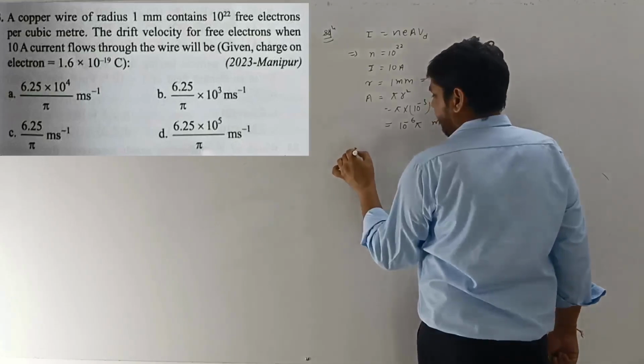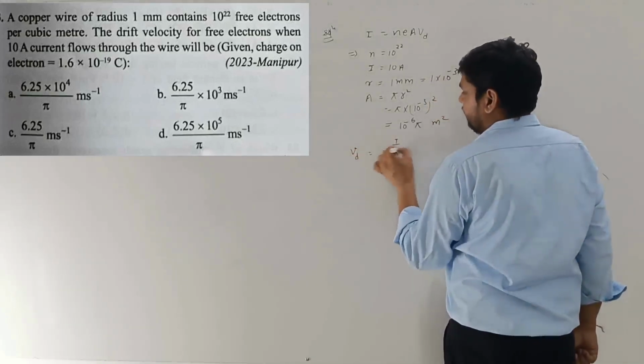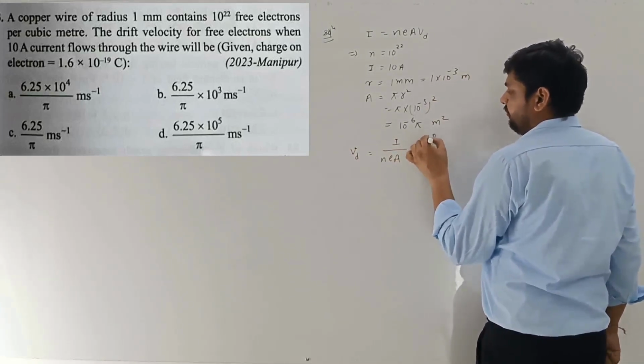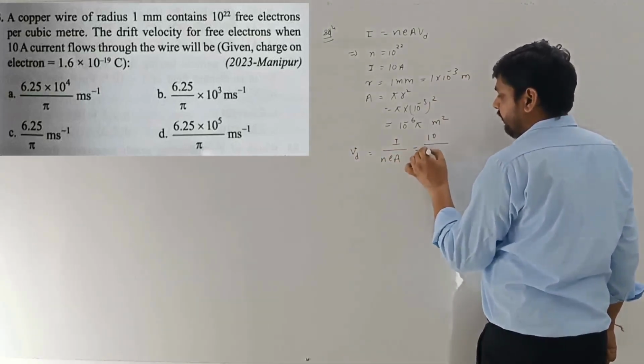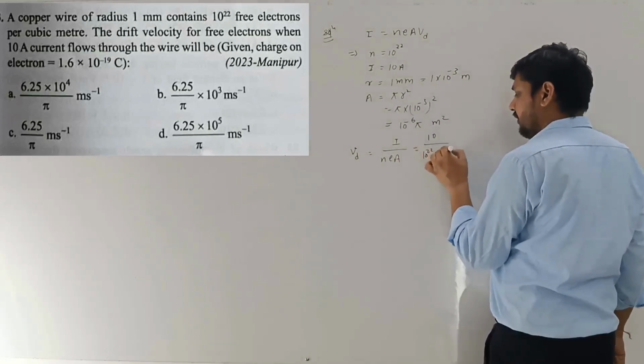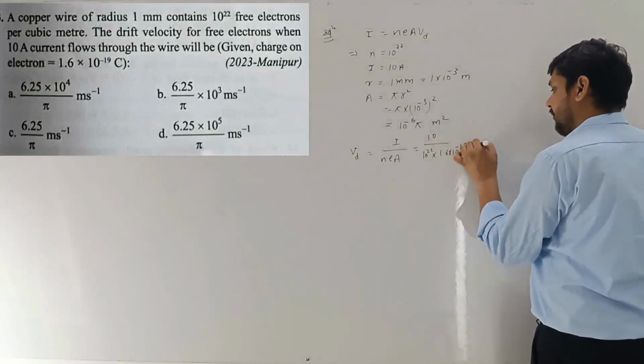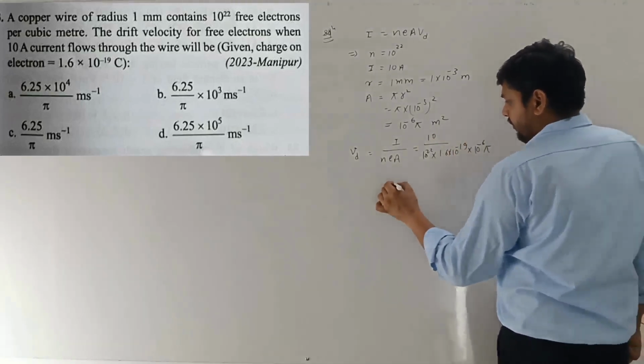Now the drift velocity is I upon NeA. The value of I is 10, N is 10 raised to power 22, e is 1.6 into 10 raised to power minus 19, and A is 10 raised to power minus 6 pi.